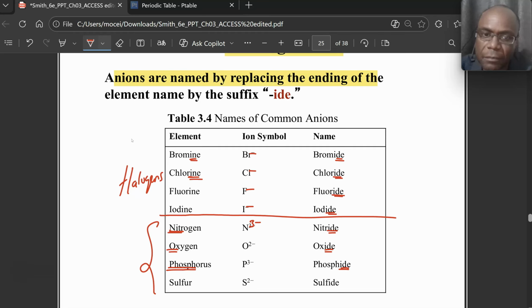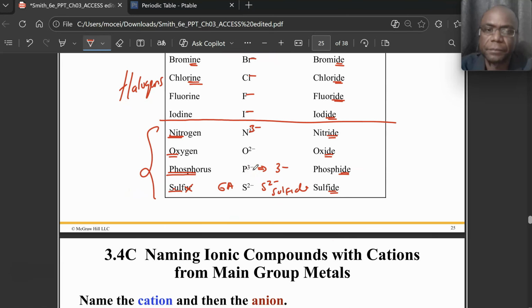Remember, this is in main group 5. It's a nonmetal, so it's 3 steps to the noble gas argon. So it takes -3. Sulfur, take the sulf, drop the ur and call it sulfide. Sulfur is in main group 6A. It's 2 steps to argon. So it's going to be S2 minus to give you what we call the sulfide. So that's how you name the anions.